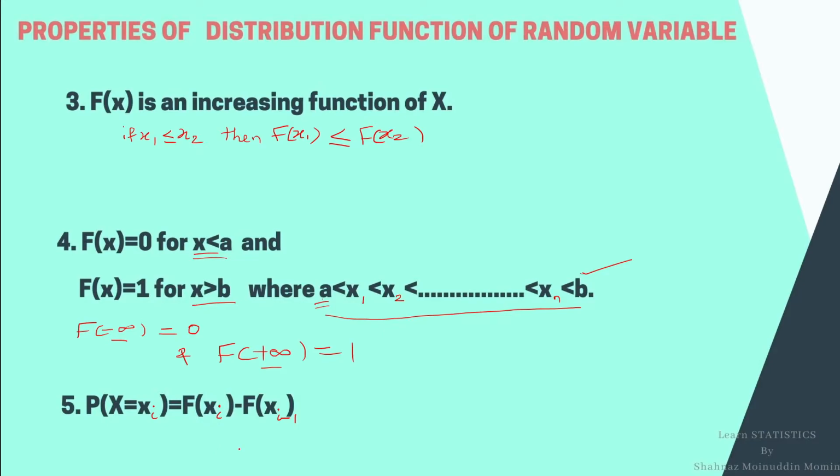These are the properties of distribution function of a random variable. Hence, we learned the definition of cumulative distribution function, that is also known as a distribution function, and we have already learned the properties of distribution function of a random variable.